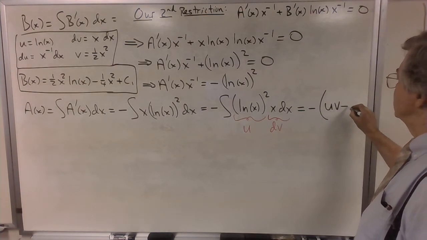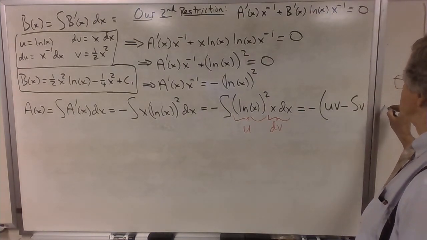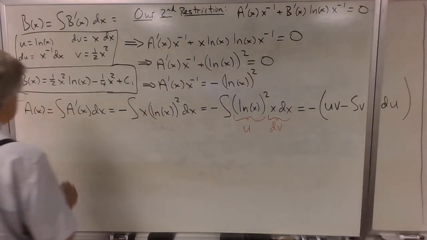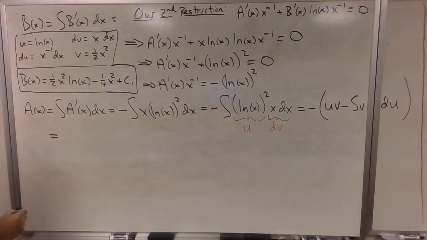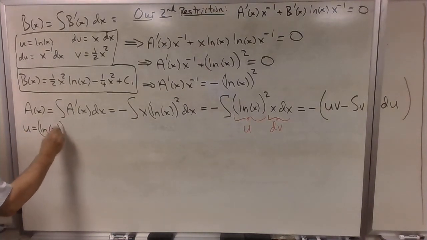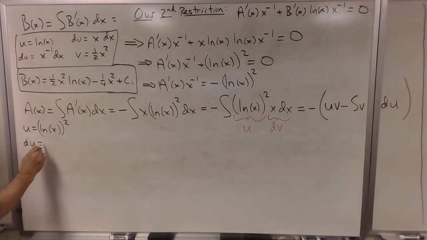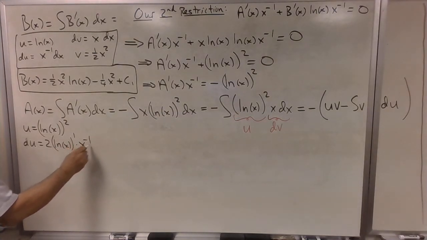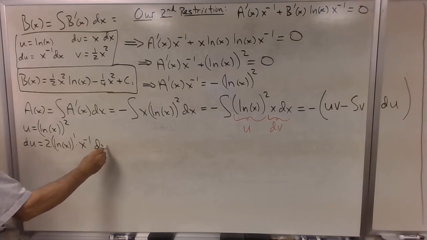So uv minus the integral of v du. So let's see. u is natural log of x squared. du is 2 natural log of x to the first times the derivative of natural log of x, which is x to the negative 1, dx.